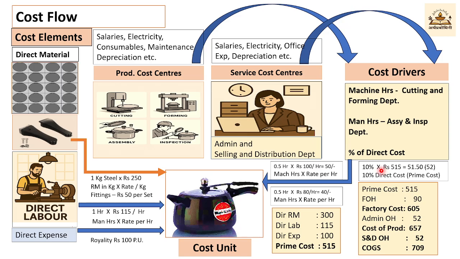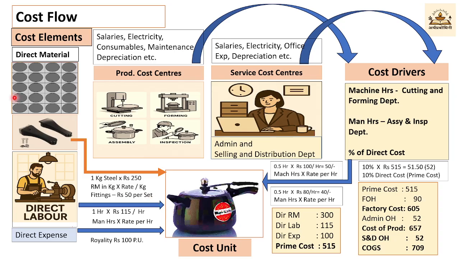That is, 515 is the direct cost and 10% means 51.50, rounding off to 52 rupees, is administrative overhead. Similarly, selling and distribution overhead is again another 10%, so 52 rupees. Like this, all indirect salaries will be loaded to the product as administrative overhead and selling and distribution overhead.